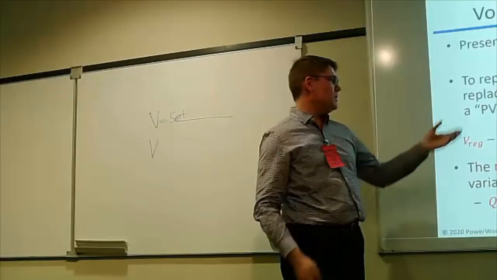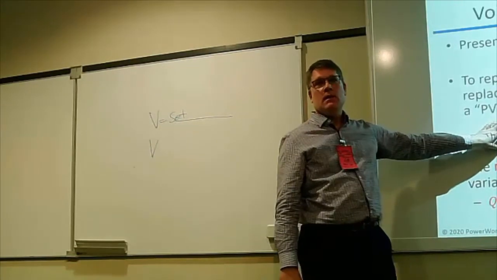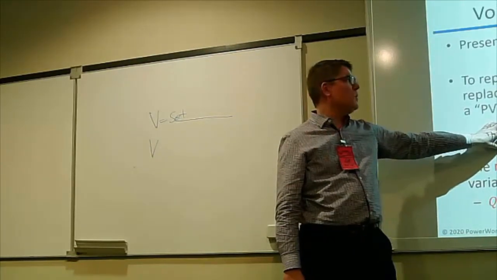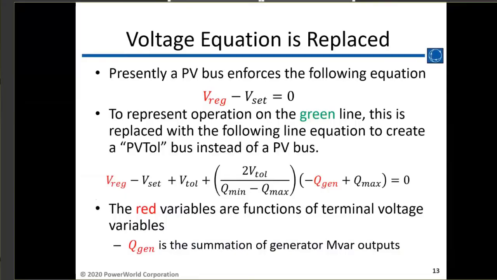We have things that say voltage equals set point. We no longer have that. Did I show that equation? Yeah. I just want to reiterate that. This equation instead. So you have to go take Tom's book and ignore the PV bus chapter.